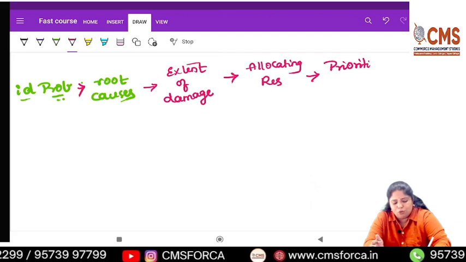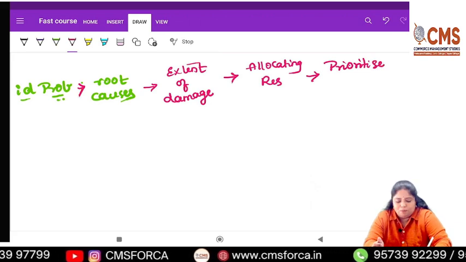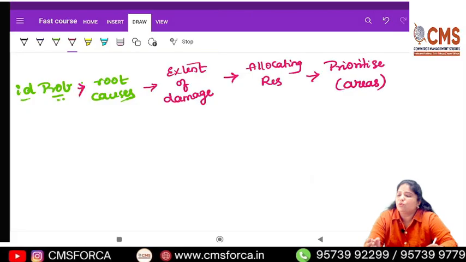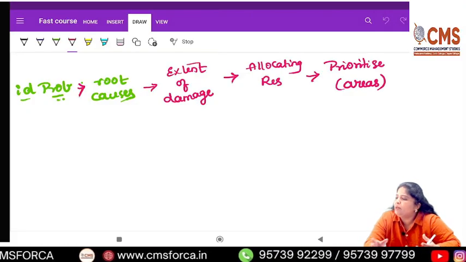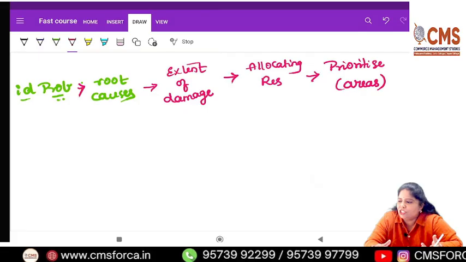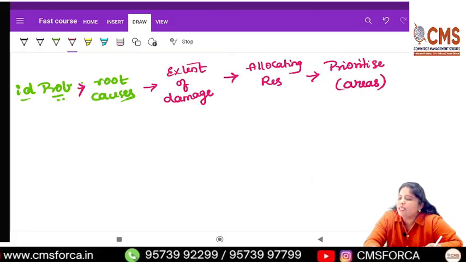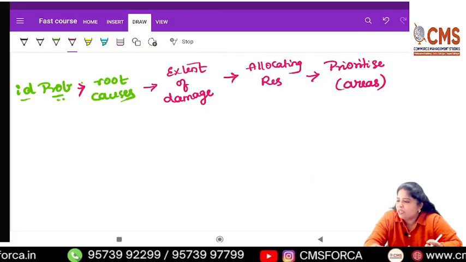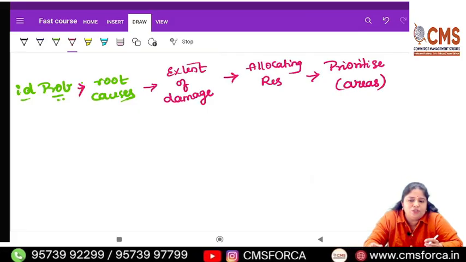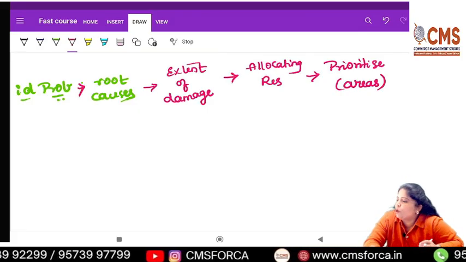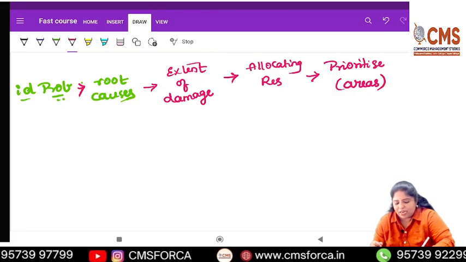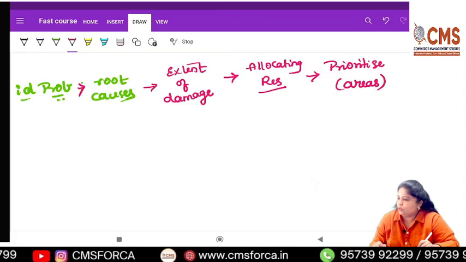So you will have to prioritize areas where you can see immediate damage and where you can immediately reduce the damage. Prioritize such areas and start allocating resources there so that you can at least reduce the damage that happens because of the problem. So prioritize and allocate appropriate resources.